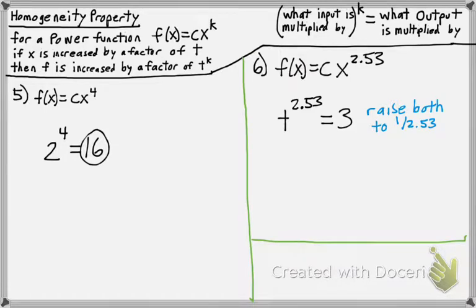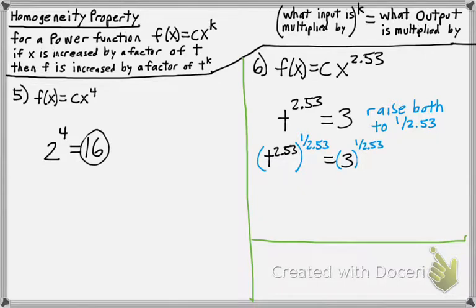Taking the first one, that is t to the 2.53, and if I raise that to the 1 over 2.53, and on the other side I have 3, and I'm also raising this to the 1 over 2.53.